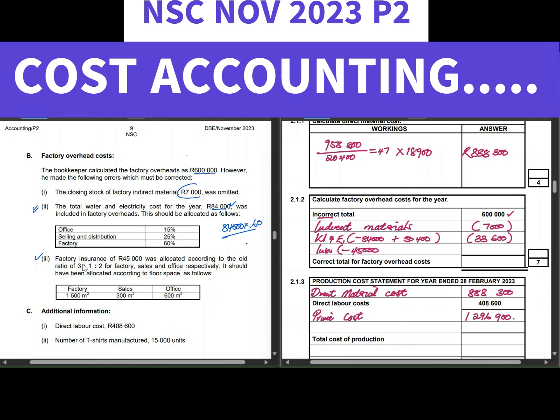Okay, so we know that it was 3 over 6 of a certain amount. So we want to know how much it was before it was split. Because we know that in the factory we gave 3, and that 3 is equal to the 45,000. We want to know how much was the 6 then.